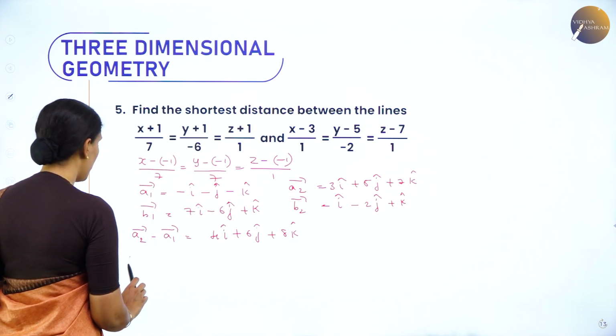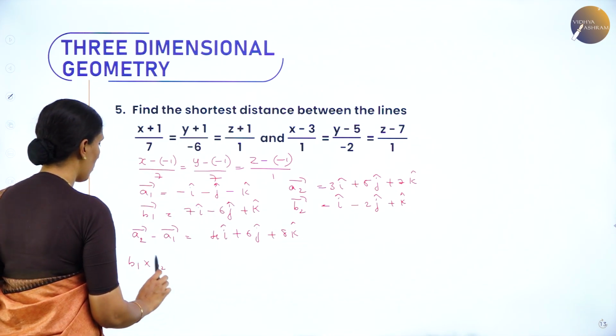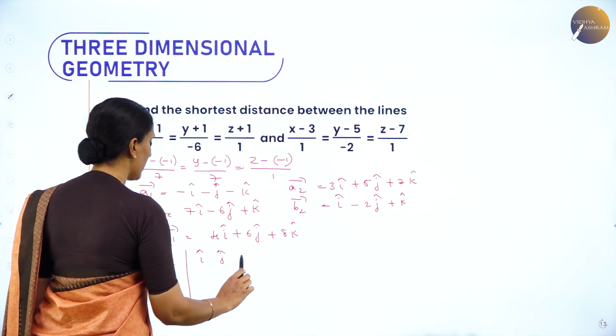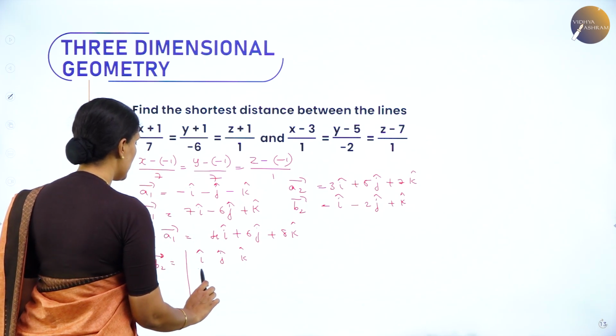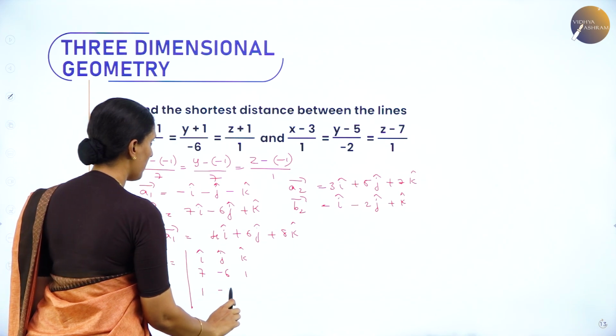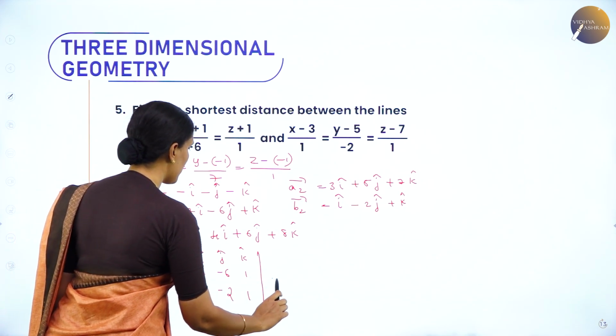Now let's take vector B1 cross B2. First row i, j, k, then 7, minus 6, 1, then 1, minus 2, 1. Let us expand this.